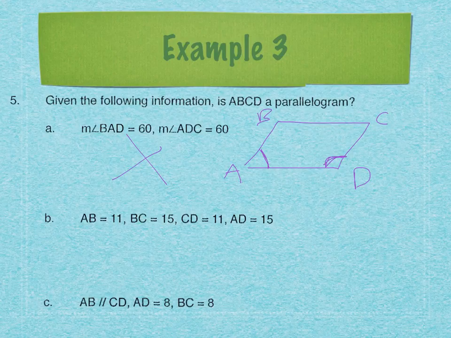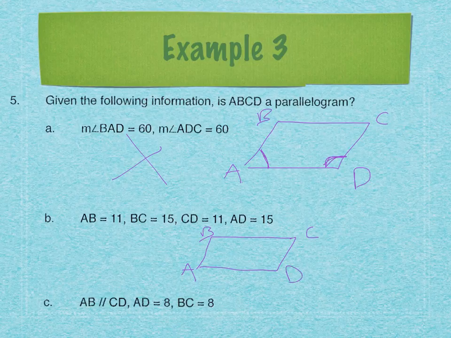All right, let's look at B. I'm going to draw another picture here. I have A, B, C, and D. I have that AB is 11, BC is 15, CD is 11, and AD is 15. Would that form a parallelogram? You said yes, so why?